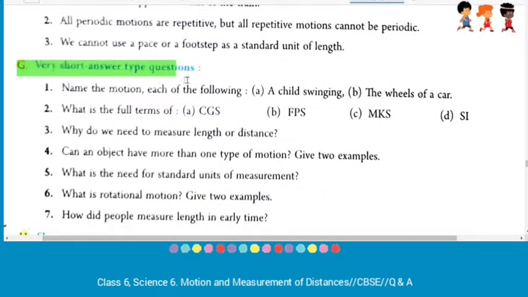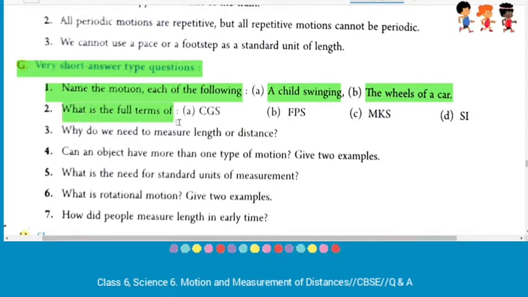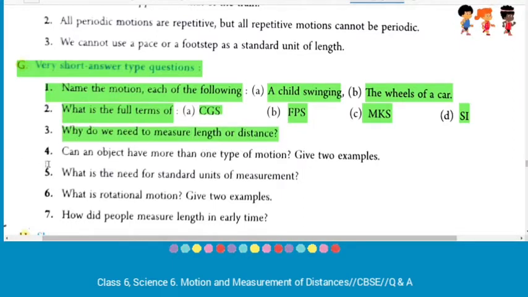Section G, very short answer type questions. First question, name the motion of each of the following: a child swinging, the wheels of a car. Second question, what are the full forms of CGS, FPS, MKS, SI? Third question, why do we need to measure length or distance?